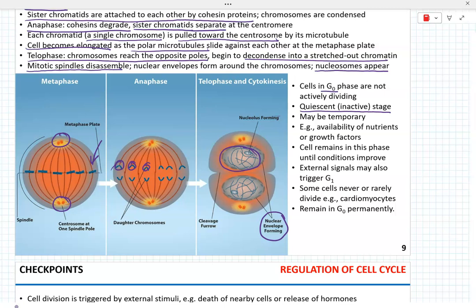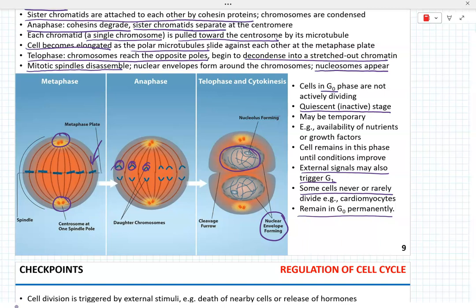For instance, it can be temporary if nutrients or growth factors are not available, and the cell will stay in G0 or quiescent phase until the conditions are suitable for division, or some external signals will trigger the start of first gap phase. However, there are cells that never divide. For example, red blood cells, neurons, or cardiomyocytes. These cells remain in quiescent phase permanently.